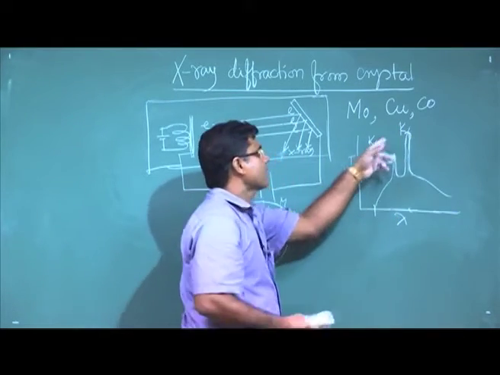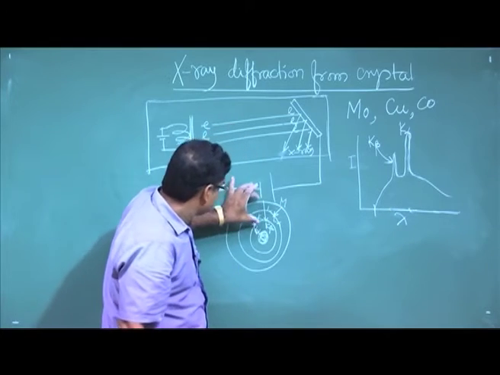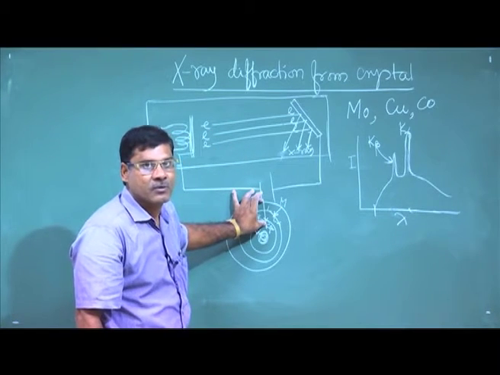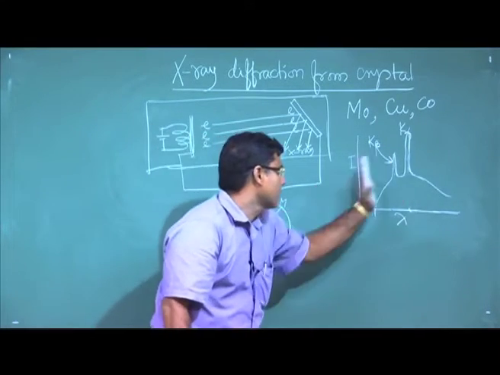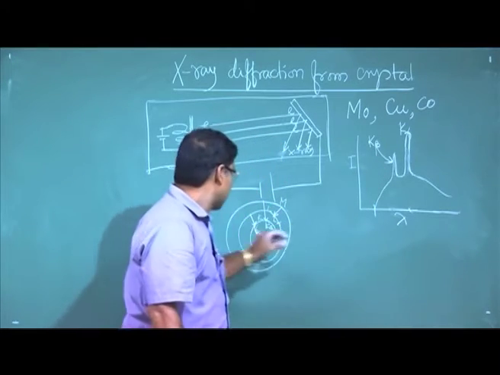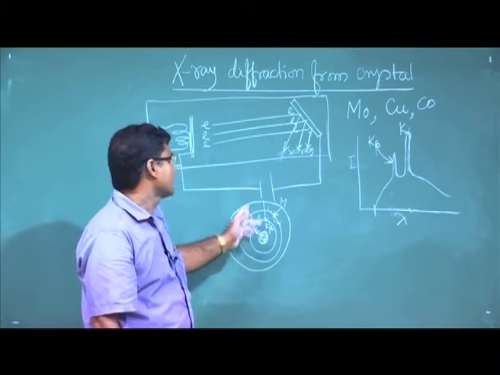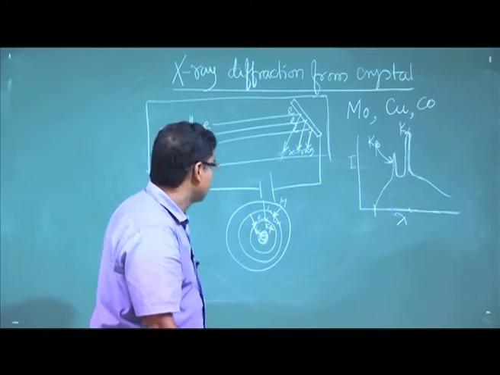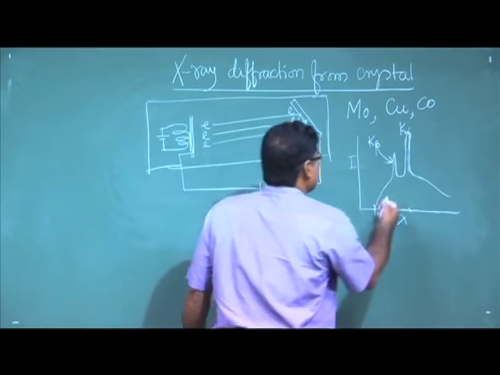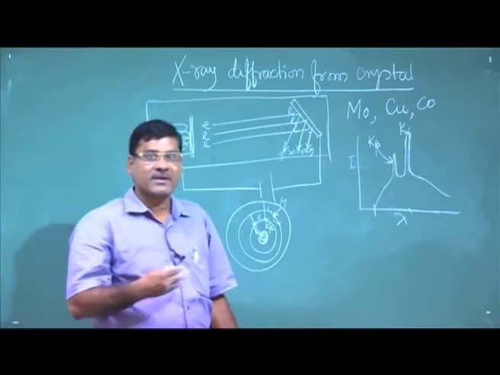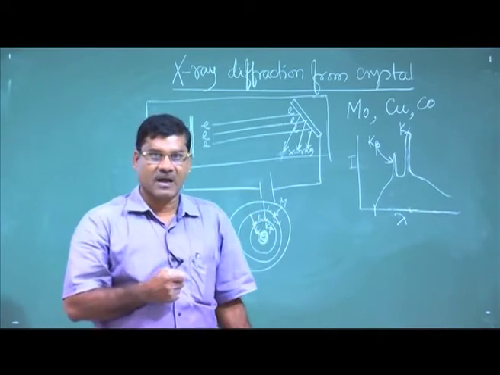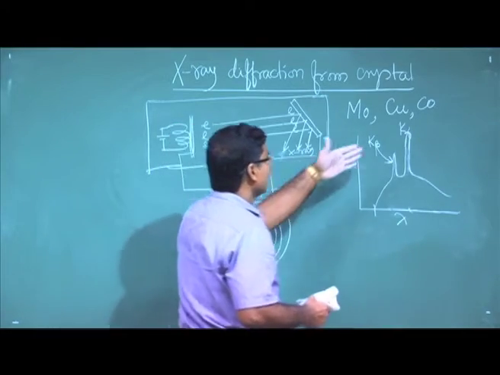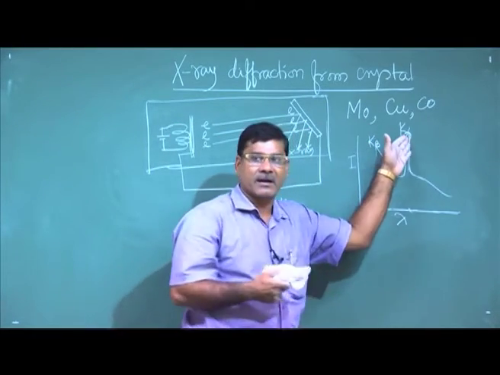Why is it K beta and K alpha? Because for K beta the energy difference is higher, so the wavelength will be smaller. So it comes on the lower wavelength side, and K alpha comes on the higher wavelength side. You can see these characteristic X-rays have the highest intensity, and K alpha generally has the highest intensity.